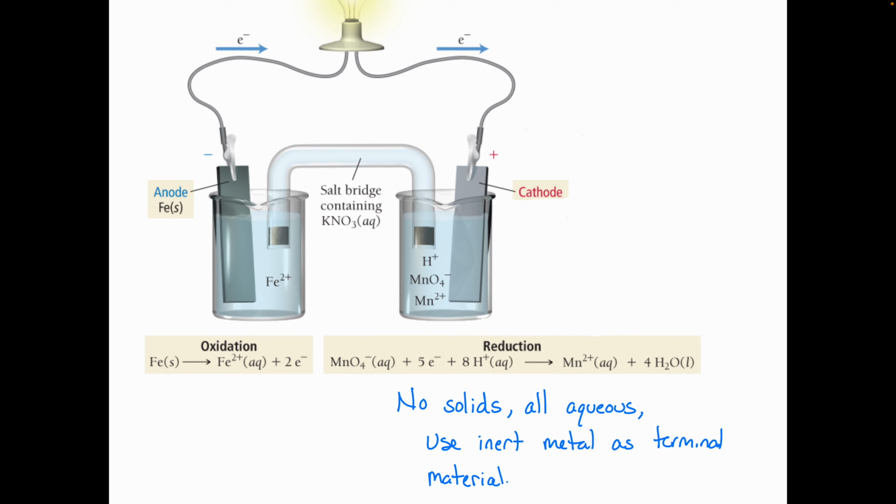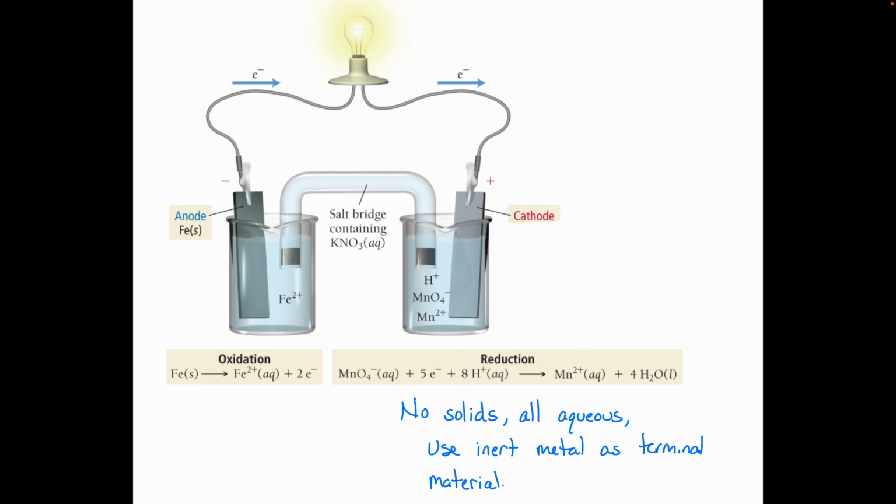There are a few different metals that you could use, but for the sake of simplicity, we're always going to default to the best one, platinum. Platinum is a nice inert metal. Its only job in life is to hand off electrons, and that's what it's going to be doing here in our solution.